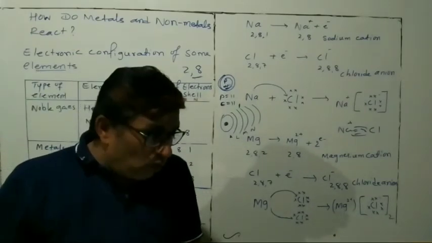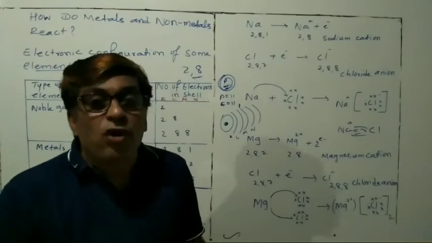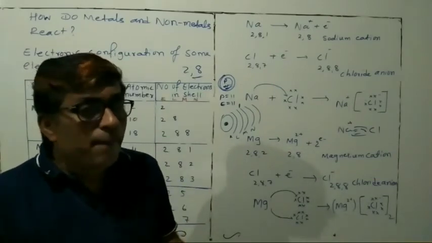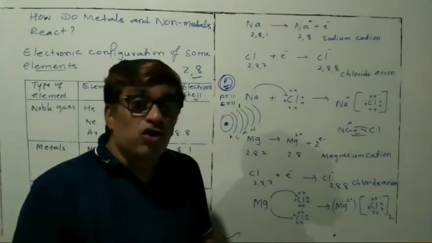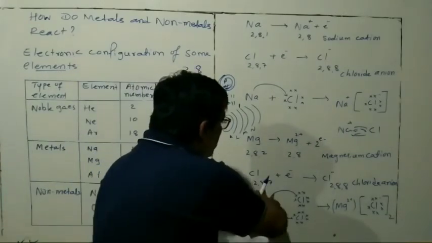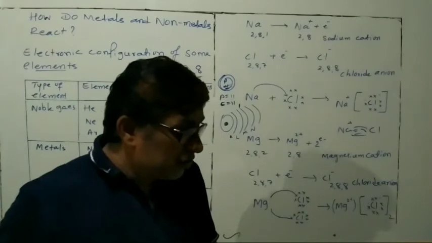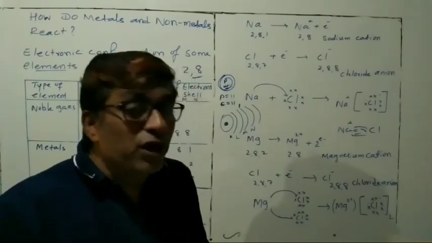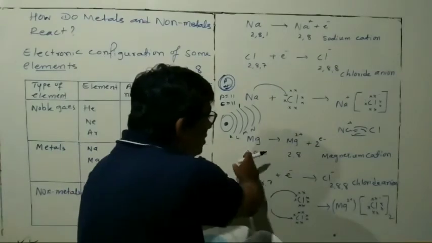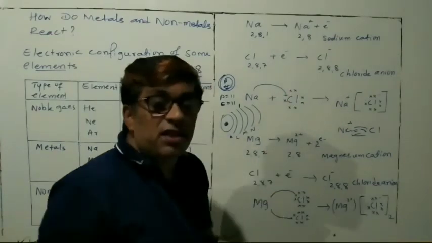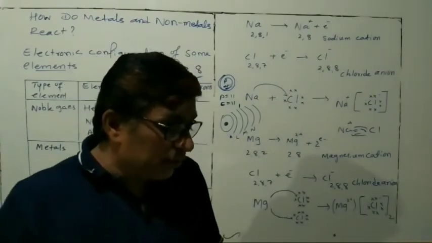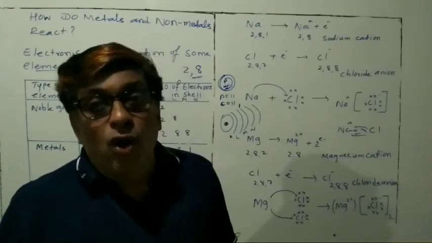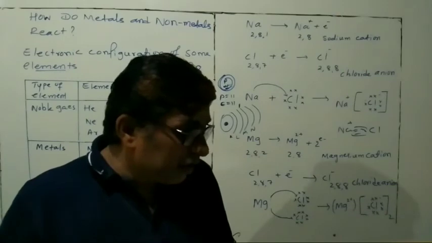The compounds formed in this manner are formed by the transfer of electrons. These are metals, and chlorine is a non-metal. Compounds formed by the transfer of electrons from a metal to a non-metal are known as ionic compounds or electrovalent compounds.